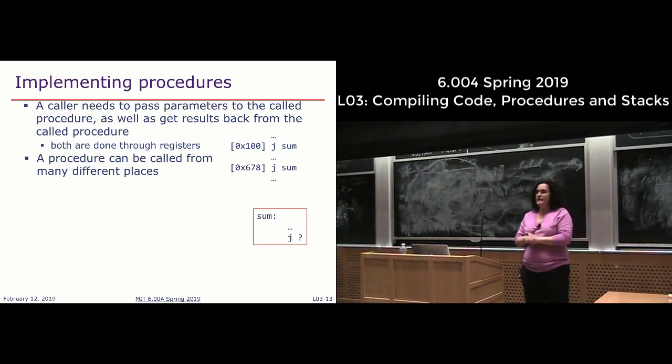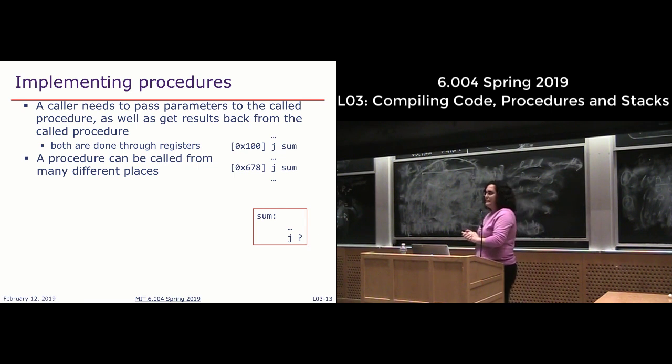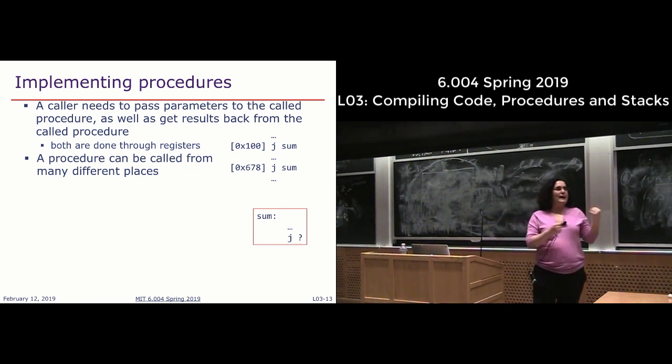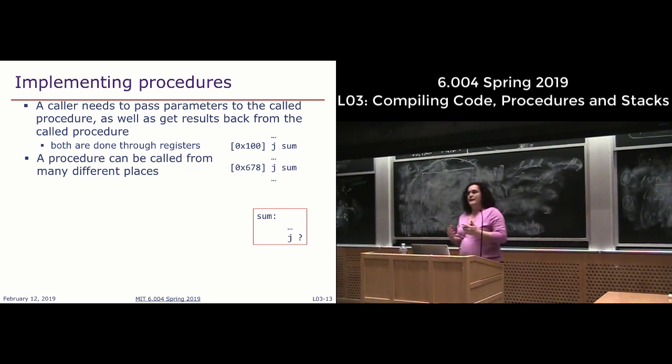Okay, well, there's a couple other things we have to worry about, which is, my procedure can be called from multiple different places, right? So when I finish executing my procedure, I have to somehow go back to the code that called me. So let's think a little bit about what that means.